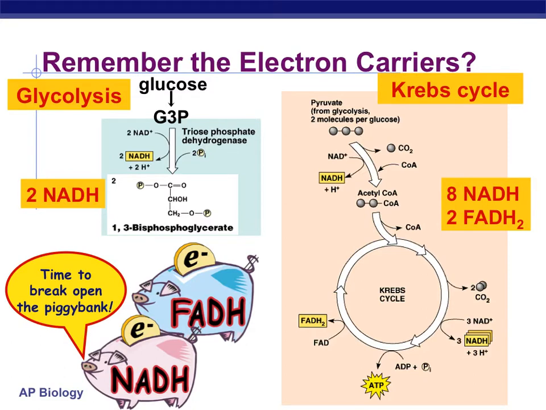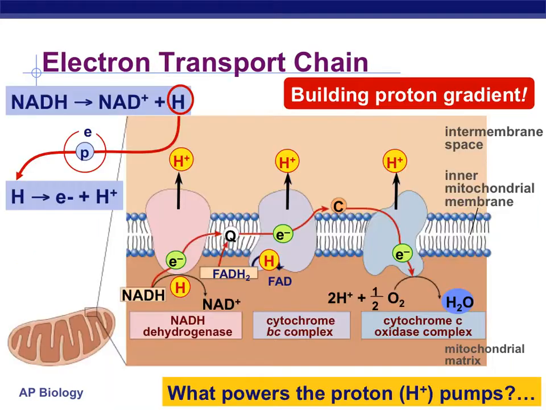So we remember the electron carriers that have been kicked out in each of the processes so far, and we can account for them if we go back and take a look at glycolysis and the Krebs cycle. But the important part to remember is that these were kind of like money in the bank. We kept using that analogy, and we are going to withdraw all that money here in the electron transport chain.